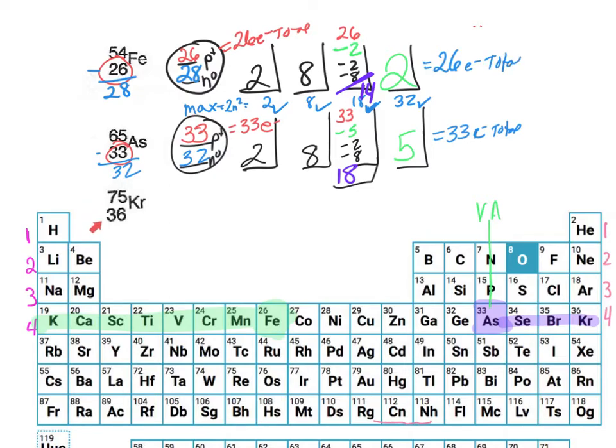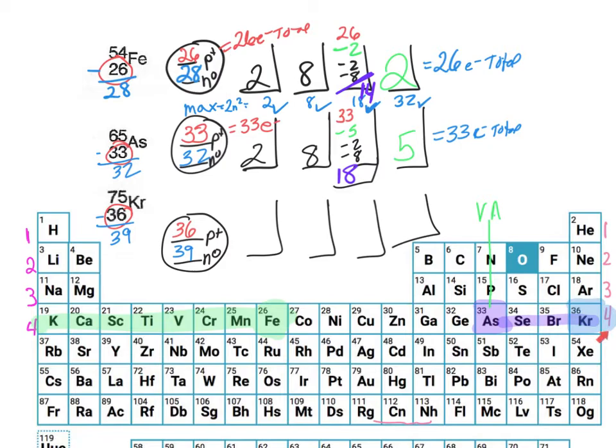Please try krypton 75. We draw our circle. We put in that we have 36 protons, 75 minus 36, which is 39 neutrons. We need to find out how many shells to put in. Krypton is in the fourth shell, so we put in 4 shells.